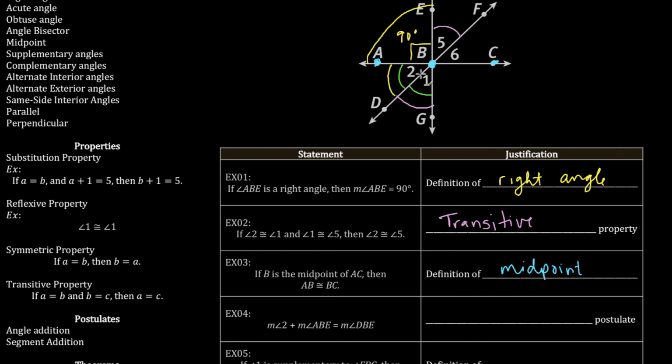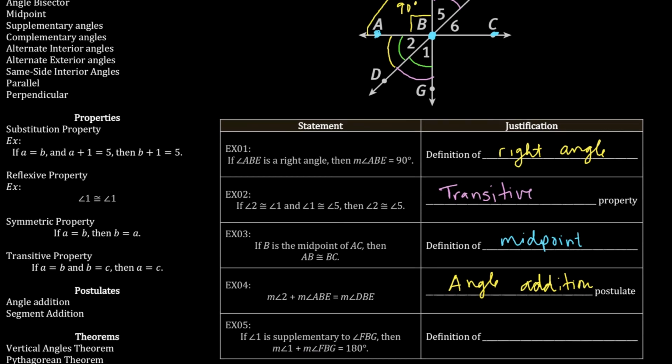So I took this angle and I took this angle, and it's equivalent to this larger angle. If we add these together and get the sum of both, it gives you the larger angle. This is just the angle addition postulate. This is one of the early ones you learned.